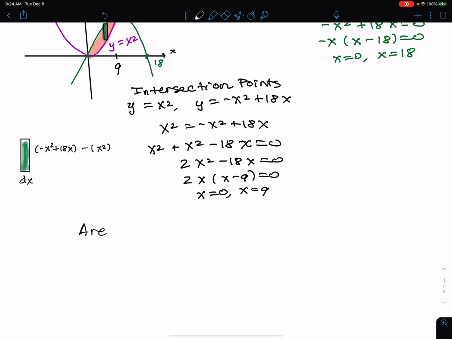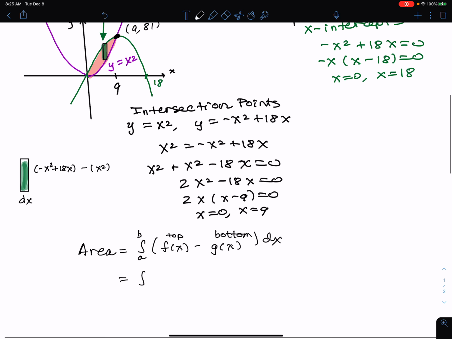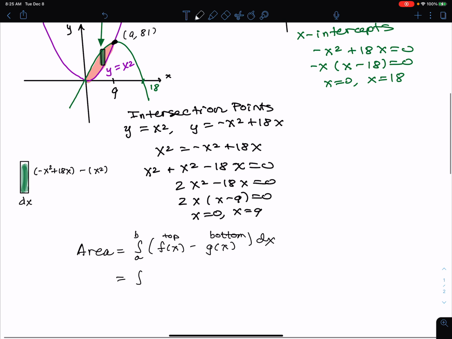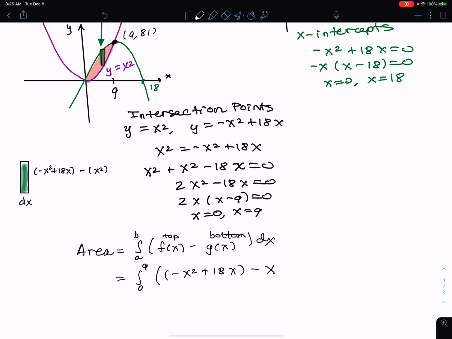Well, the area is we integrate from a to b, and we take the top, which I'll call f of x, and the bottom, g of x, and you integrate that from a to b. It was important for us to find out what a and b are. a and b are 0 and 9. And then the integrand is negative x squared plus 18x minus x squared.